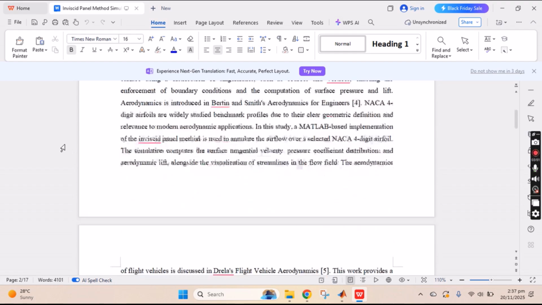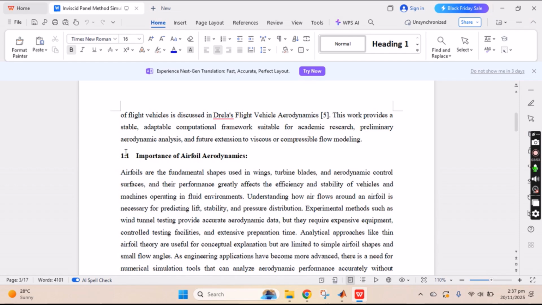So here is the importance of airfoil aerodynamics. Basically, we need to adjust the aeroplane's wings according to their shapes, and also turbine blades and aerodynamic control surfaces.